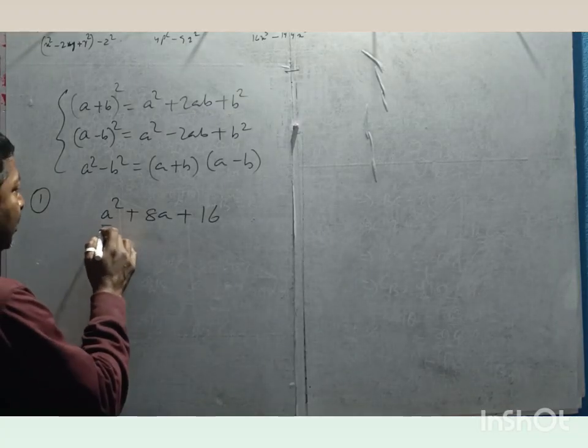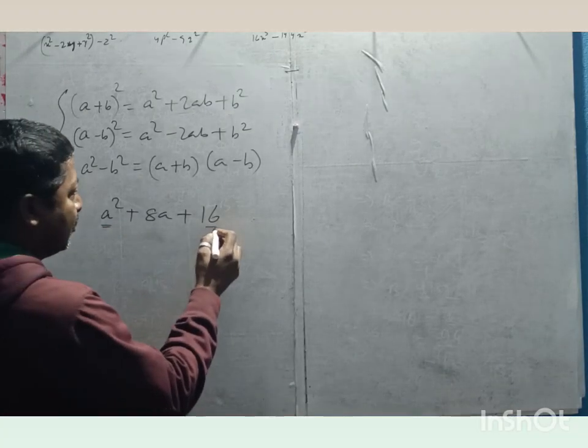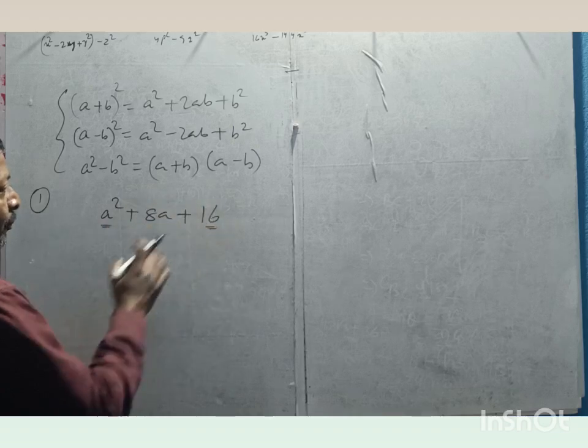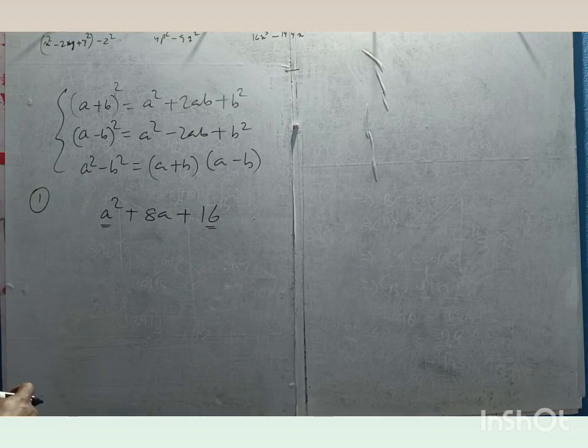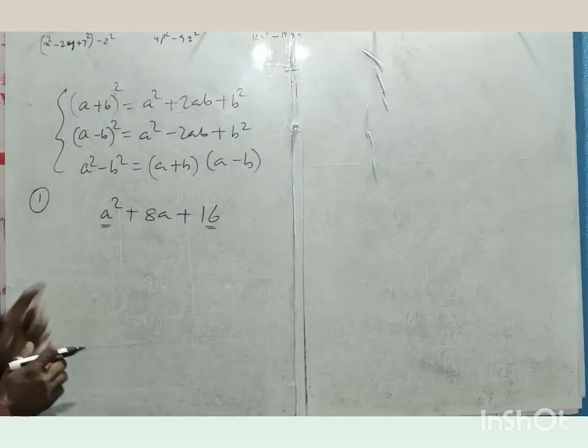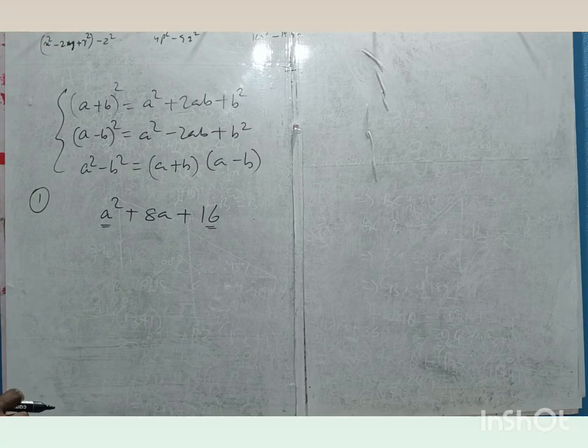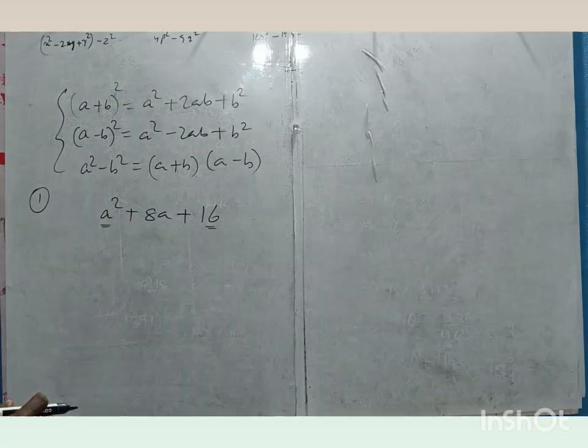This seems to be a square and this seems to be a square, and all are positive. So compare these three identities and guess which one will be more appropriate for these terms.